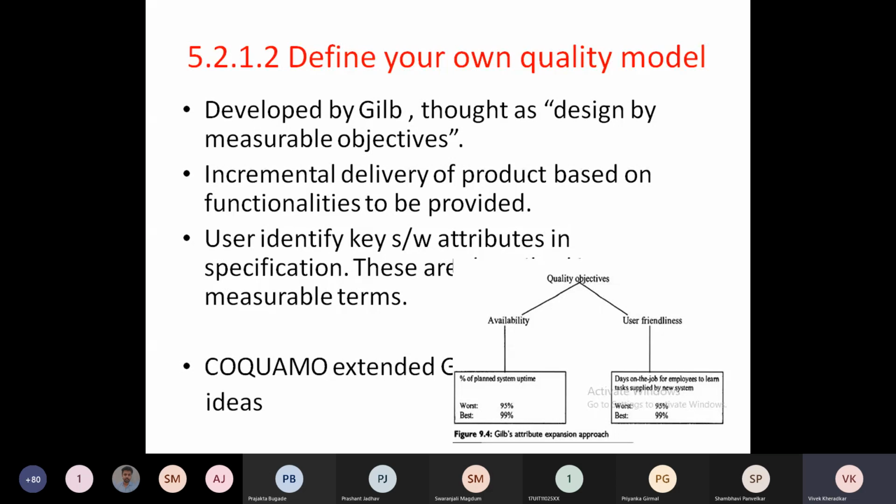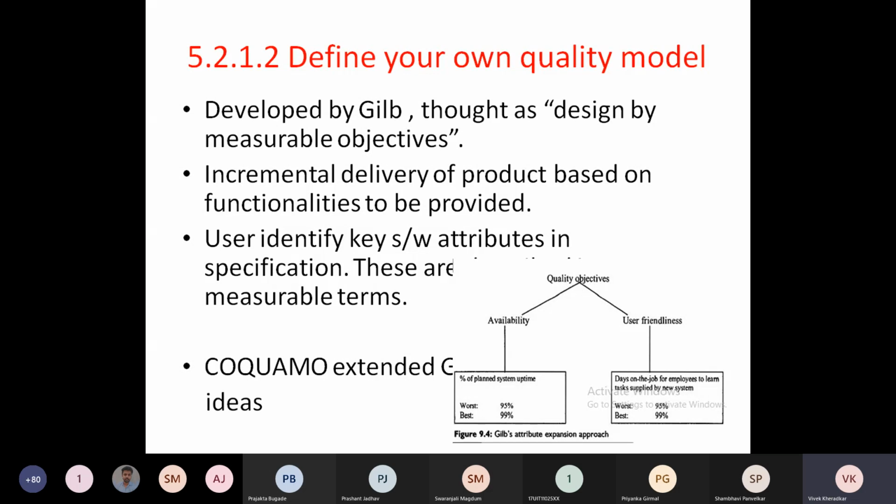The software engineer delivers the product to the user based on the importance of the different kinds of functionality. Obviously in software we have different functionality which is very important. So you have to assign priority to those functions so that the user identifies the key functionality of that specification.